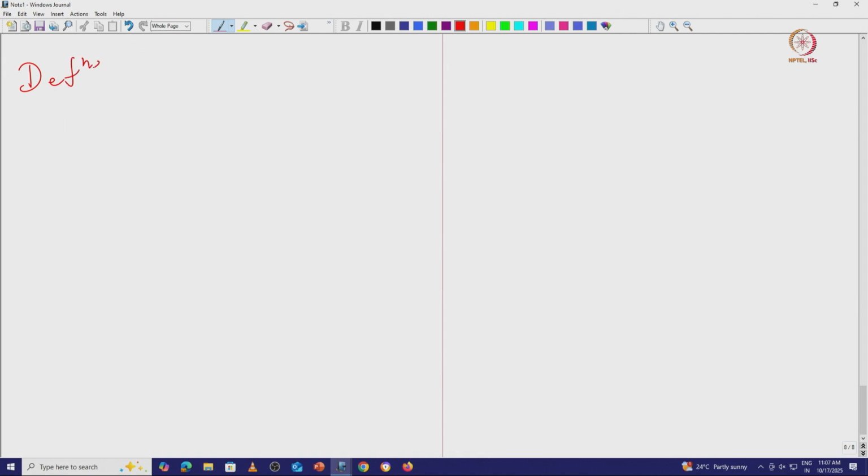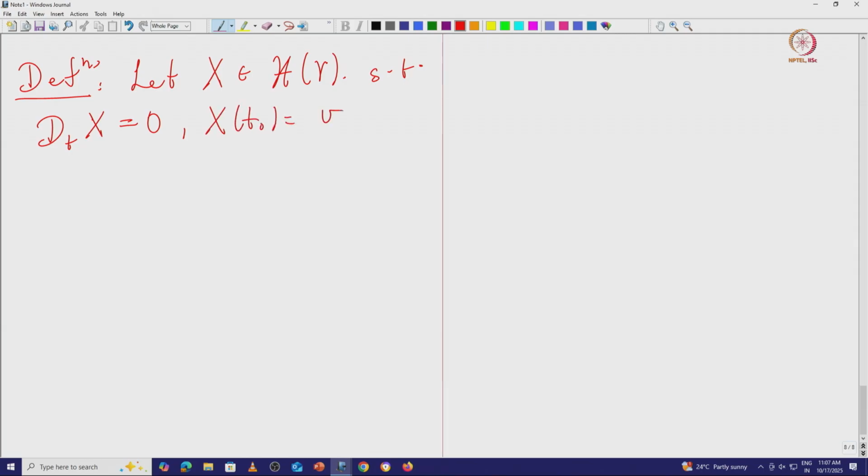So let's formally write down the definition. Let X be a vector field along gamma which is parallel, so such that D_t of X is 0, and let us say X of t naught is some v naught.